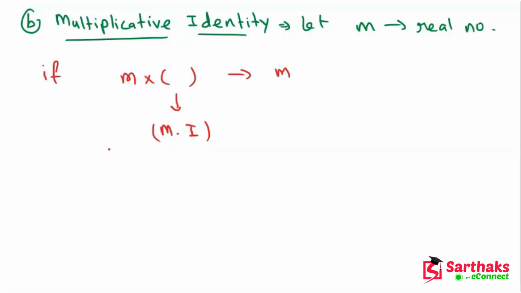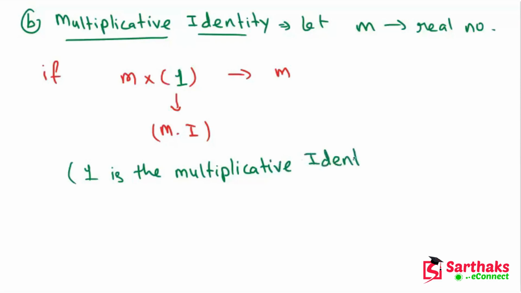So what is the number? The number is 1. If we multiply 1 with any number, we get the same result. So 1 is the multiplicative identity. I hope, my dear friends, you understand these things.